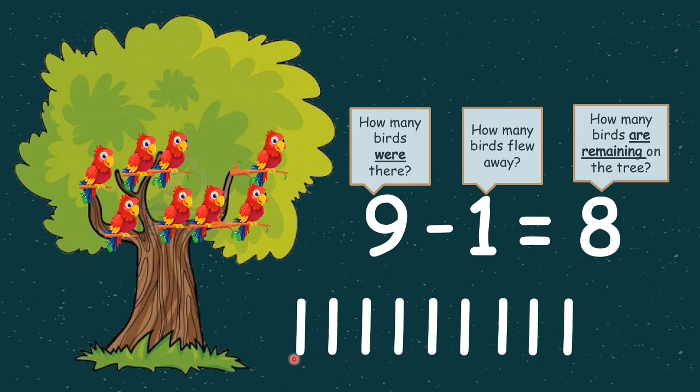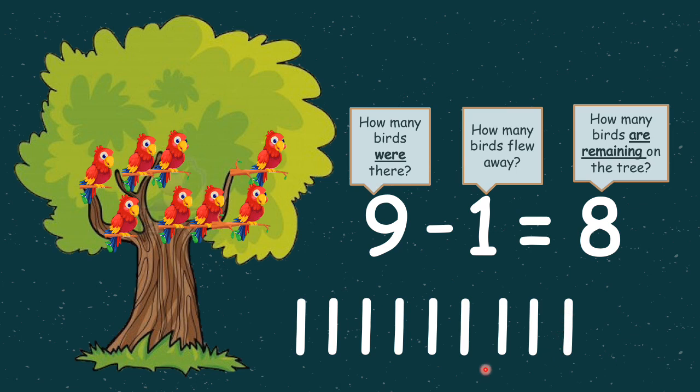So we are going to draw 9 lines. So count along with me once again, children. 1, 2, 3, 4, 5, 6, 7, 8, 9. So how many birds? 9 birds.